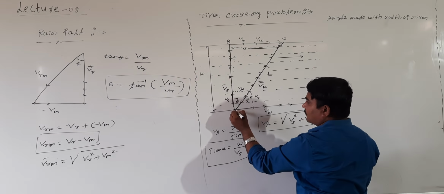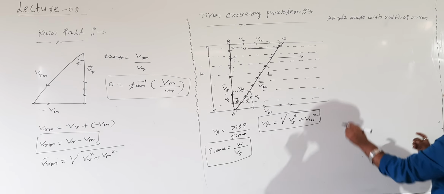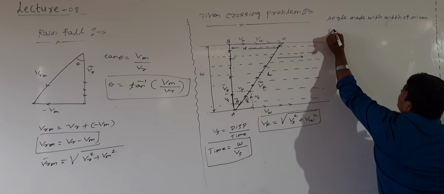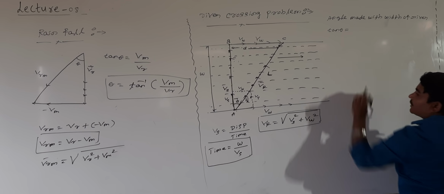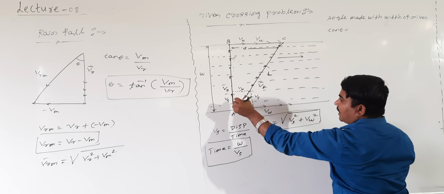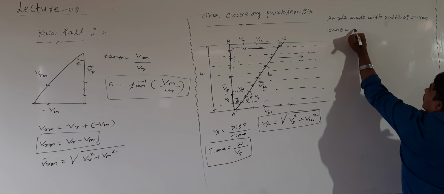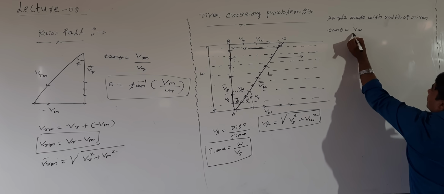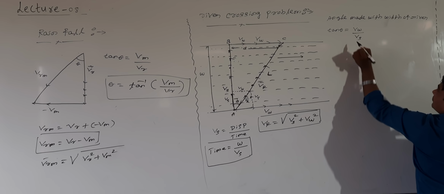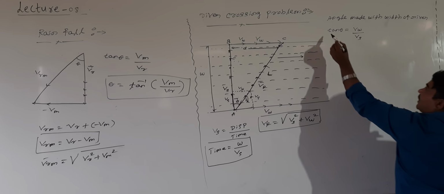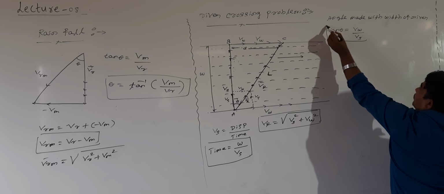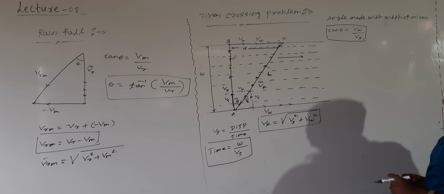This one looks like a triangle. Are you following? Shall I take tan theta? What is tan theta? Opposite by adjacent. Opposite means VW. What is adjacent? That is Vs. Right? This is the angle made with the width of the river.